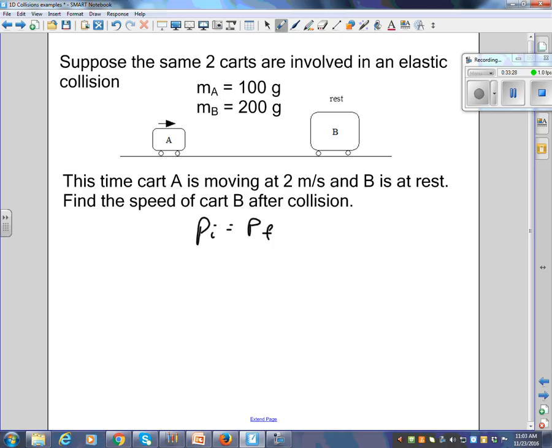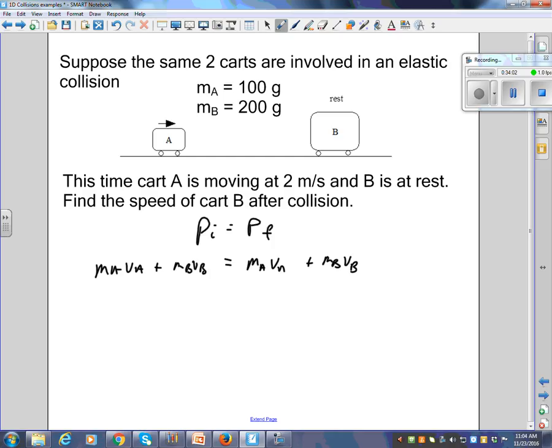What is the initial momentum made up of? MAVA plus MBVB. And on the right-hand side, MAVA plus MBVB, because the masses are separated.